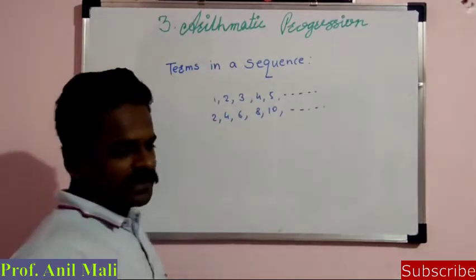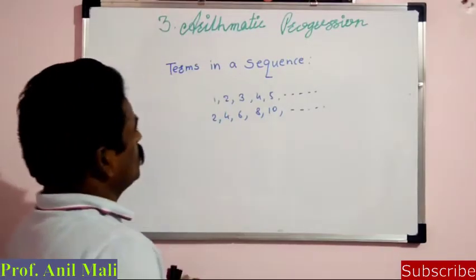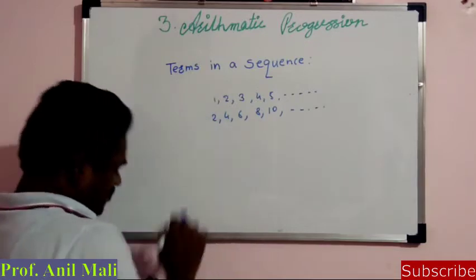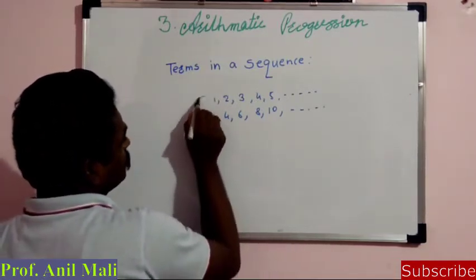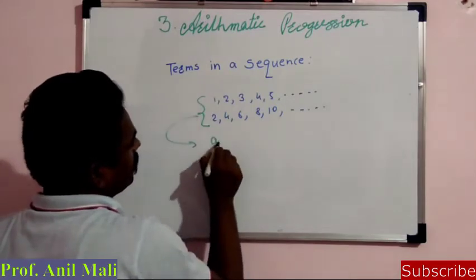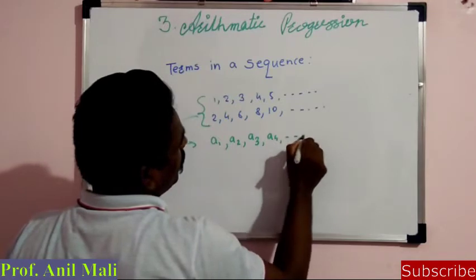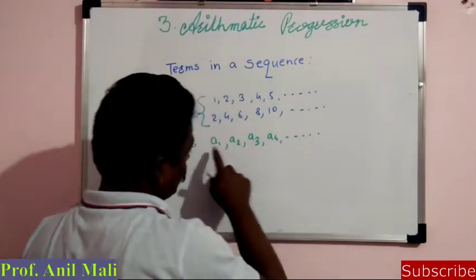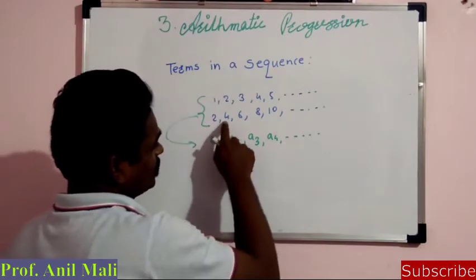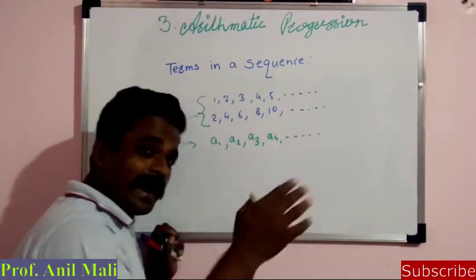So these two were the sequences. All these sequences we can write in this manner: A1, A2, A3, A4 and so on. A1 will be the first term, A2 the second term, A3 the third term, A4 the fourth term and so on.